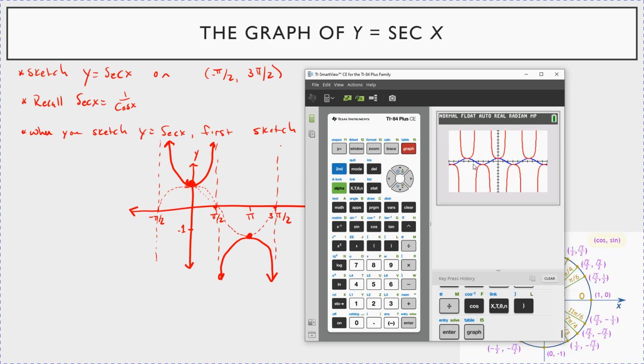Where cosine touches the x-axis, you have these vertical asymptotes for the red graph. So the key for both of these graphs is you sketch either sine or cosine, and then you use those graphs to help you sketch the graph of cosecant or secant.